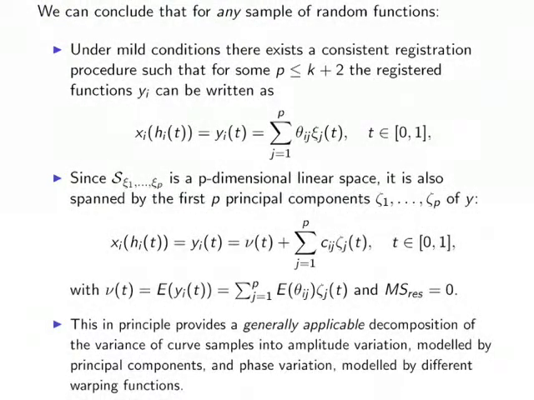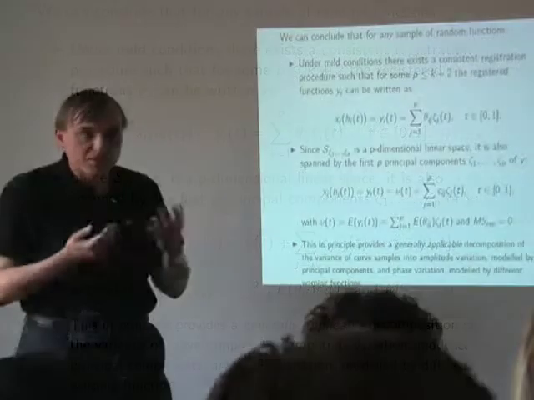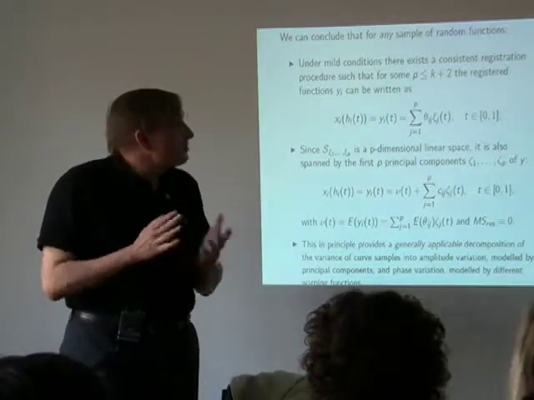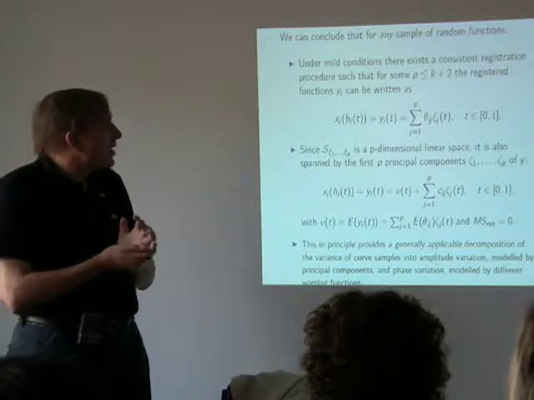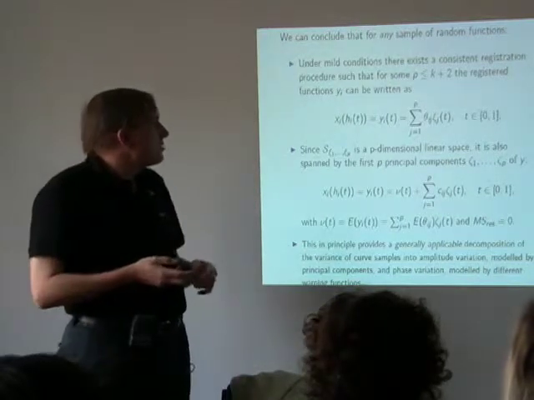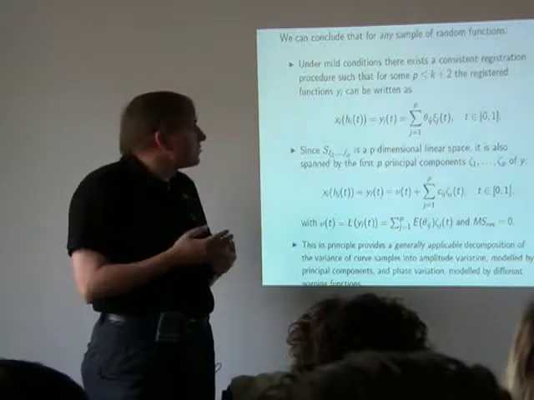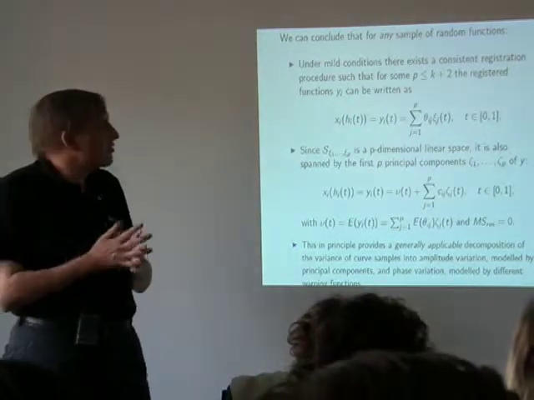So you can conclude that for any sample of curves with a limited number of features that you observe, there exists a procedure such that the registered function can be written as a linear combination of p basis functions, which can be identified with principal components, because principal components will give you the sparsest description. This is easily shown. And so this space here is also the space spanned by the first principal components.